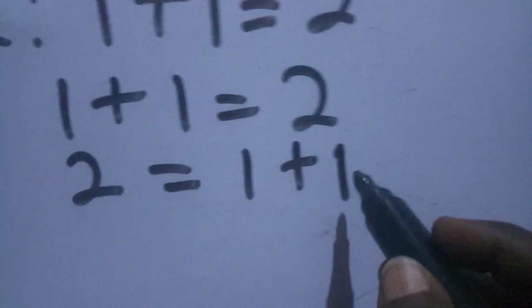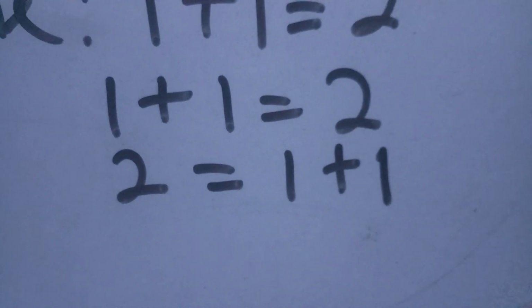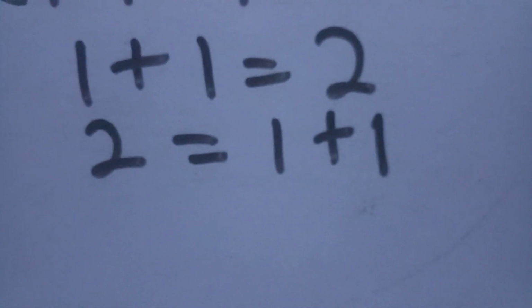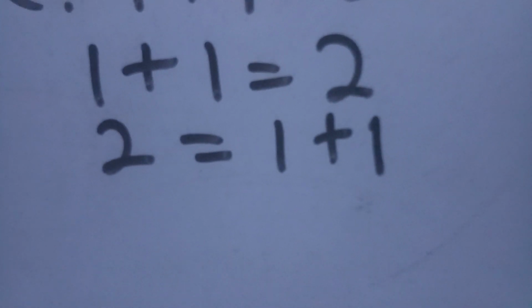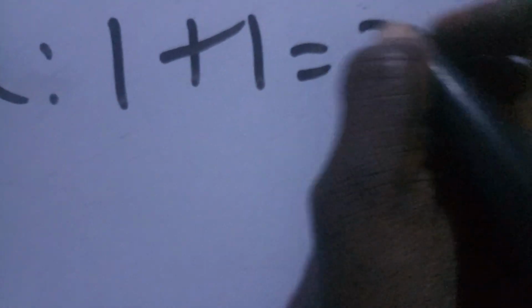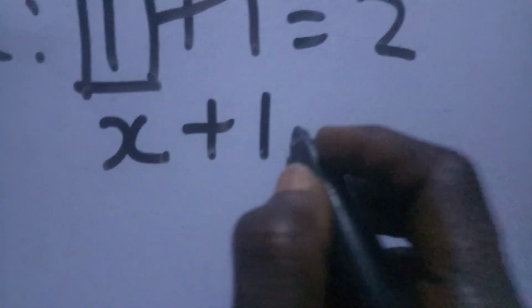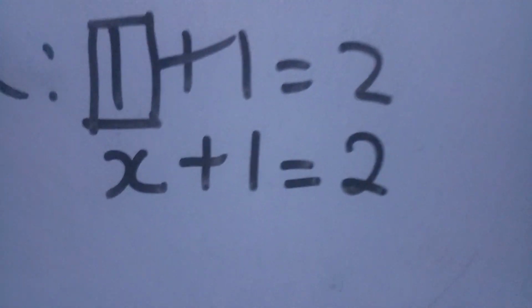This is an equation. When you say find x in an equation, imagine that we are given the same 1 plus 1 is equal to 2, and now this 1 is removed. We now say x plus 1 is equal to 2.